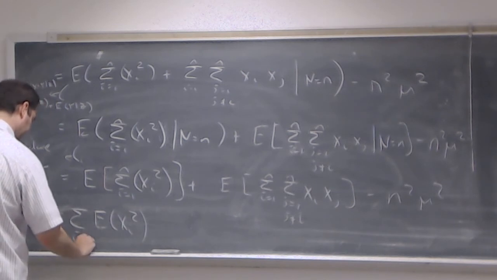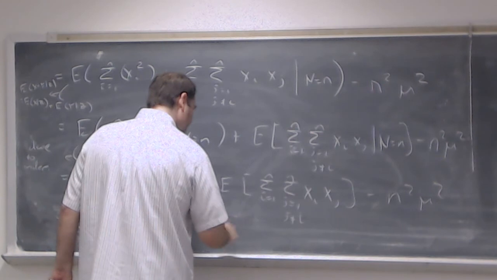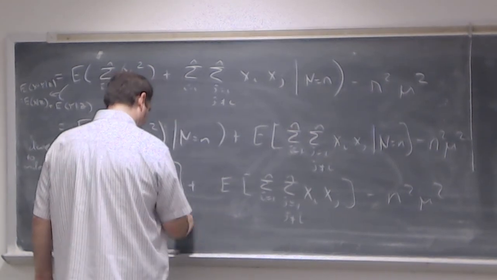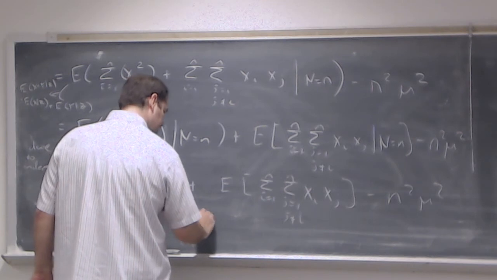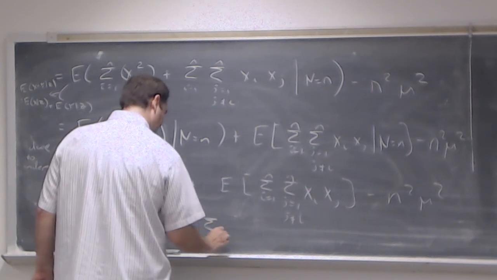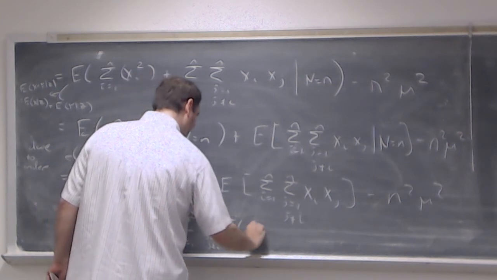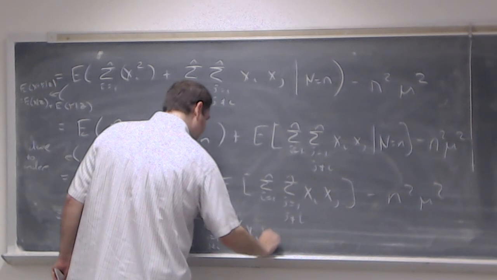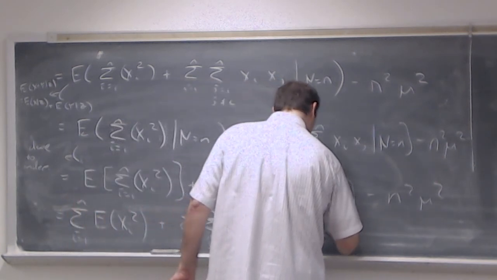I runs from 1 to n. Here, this is a bunch of sums, so I can still bring the expected value inside. j is equal to 1 to n, but different than i. Expected value of X_i times X_j, minus n squared mu squared.